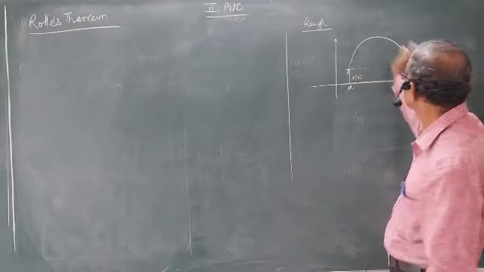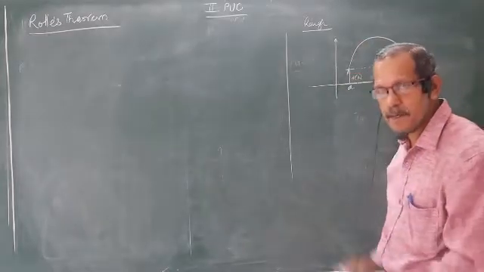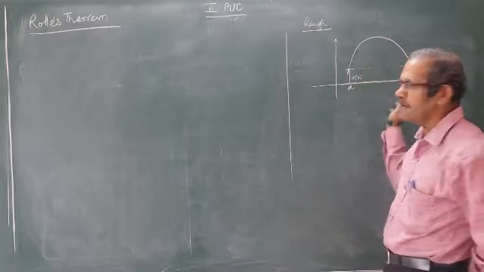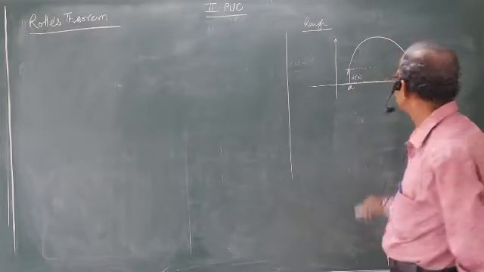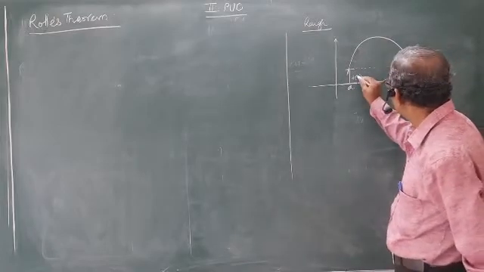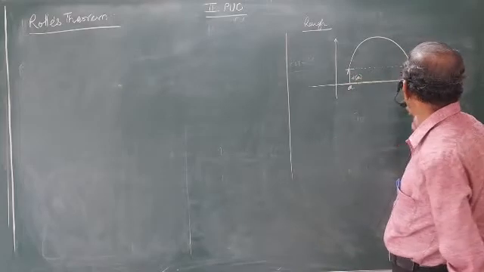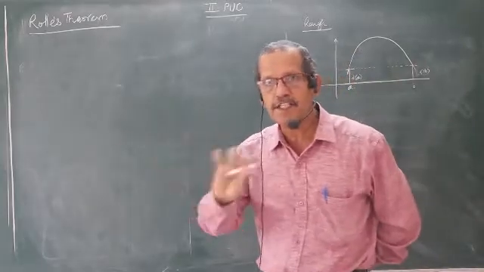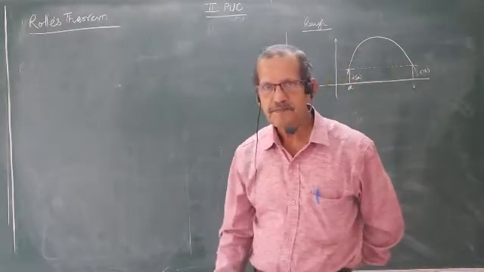And it is differentiable, nowhere is it discontinuous, remember. So it is differentiable everywhere in the interval ab. Now, f of a and f of b are equal; the values of the function at the end points of the interval are equal.